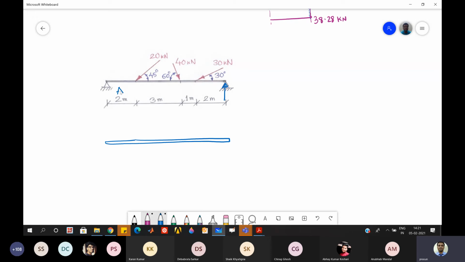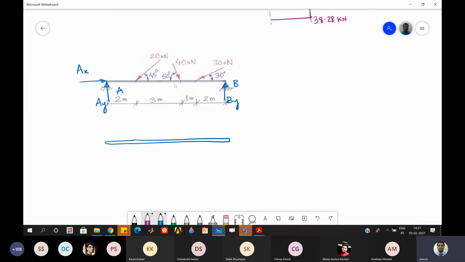Let us say this point is A and this is B, and then this is BY. And then, because this is a pinned connection, I'll have two reactions, this is AY and this is AX. And you see all these forces will have both horizontal and vertical components. And this AY and BY can be obtained by considering the vertical components.